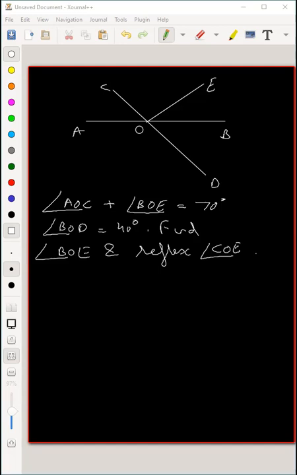Siddharth, that's correct. Ananya, I want the reflex angle.